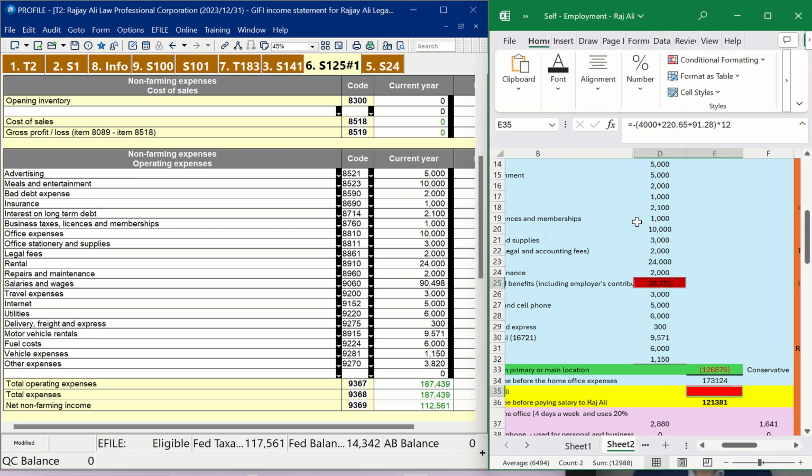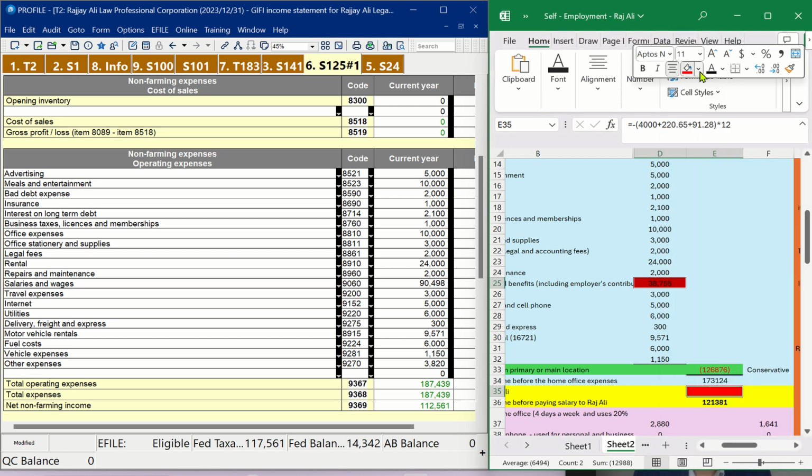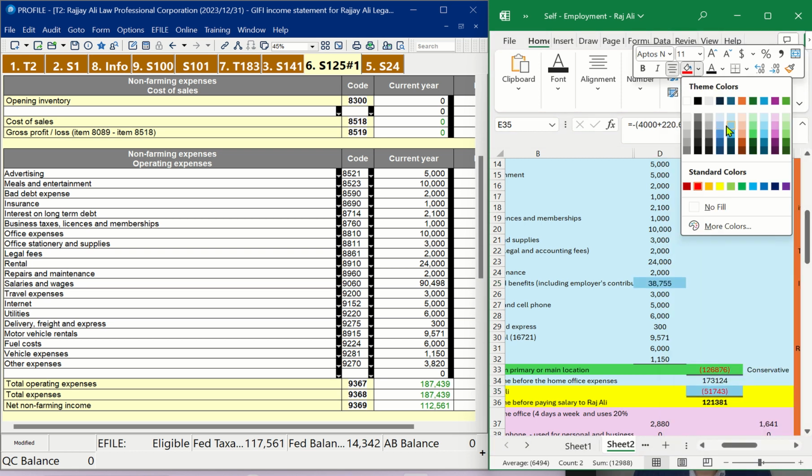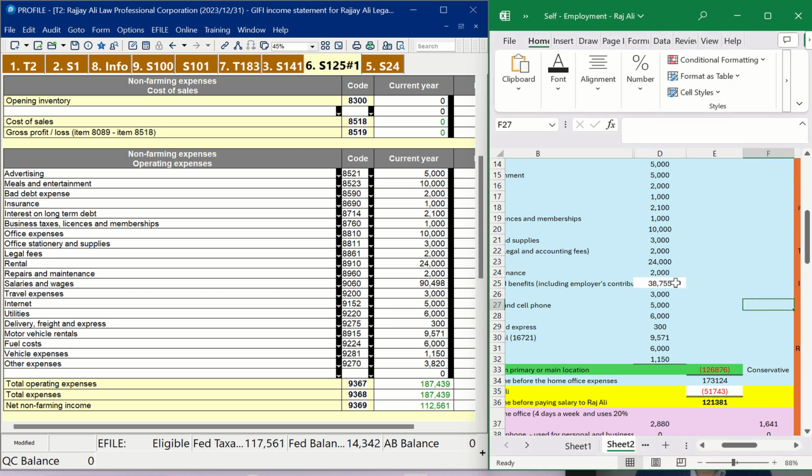Oops, I'm going to have to change the cell color. How about pink? Maybe purple? No, not good. We need something. Okay, white. I'll keep it white. So these two cells over there.